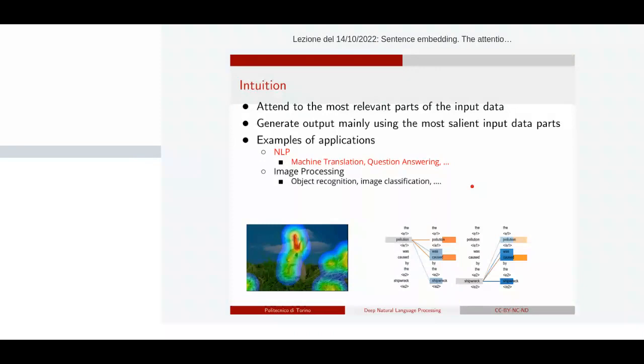So this is a general task which can be tailored to images, to videos, or of course to text. It is particularly important for text because the state-of-the-art architectures heavily rely on this mechanism.